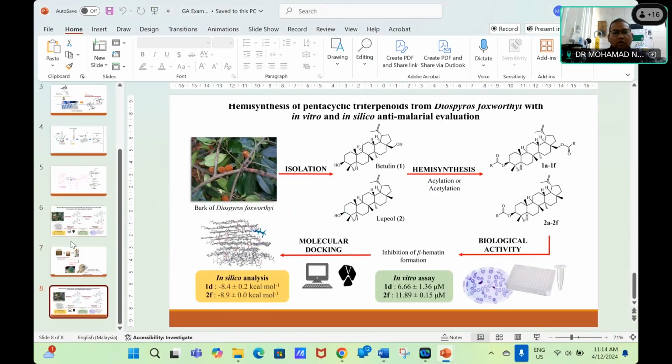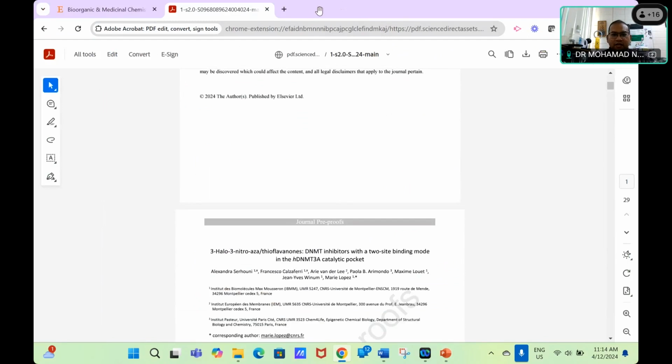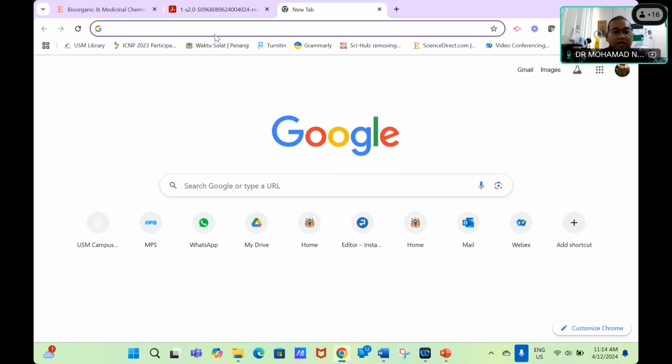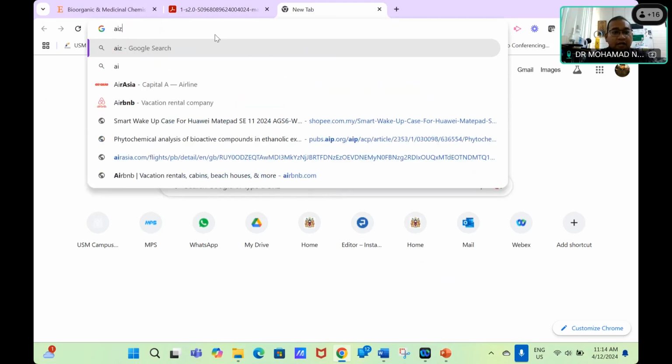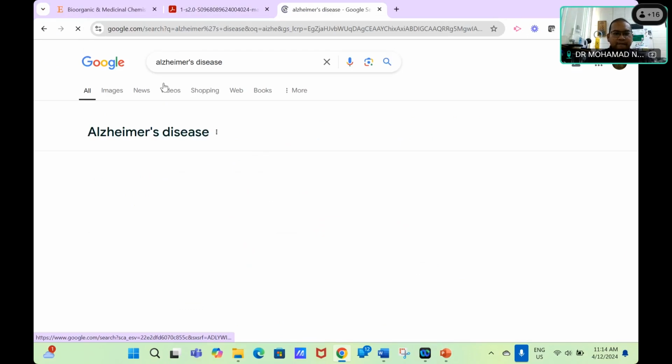Oh yeah, okay. So the graphical abstract is very important. Almost all publications ask you to submit a graphical abstract. If you try to take a picture from Google, for example, we try Alzheimer's disease.